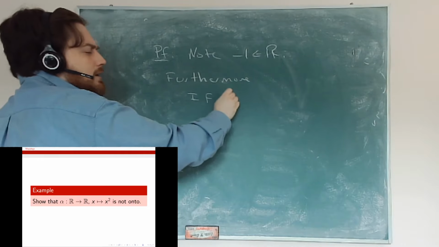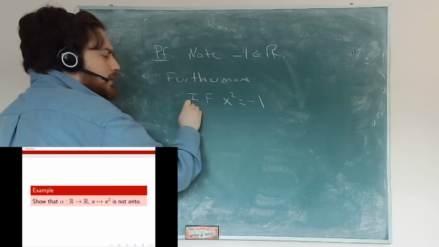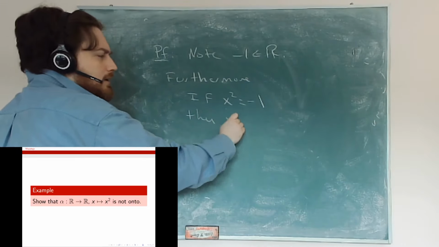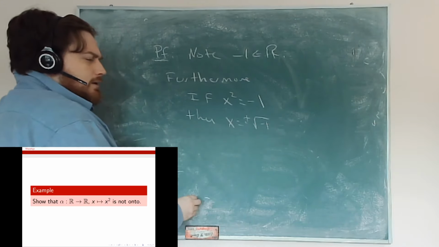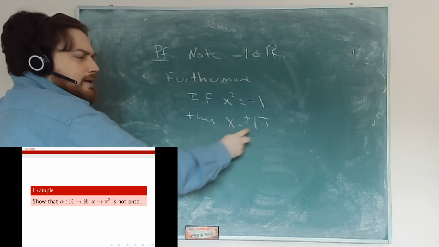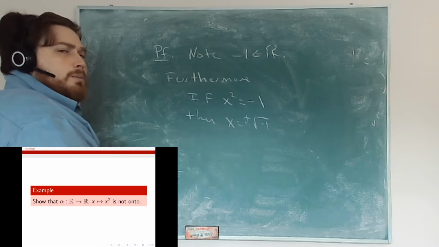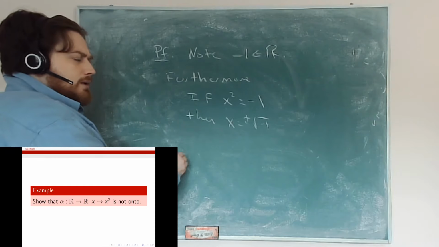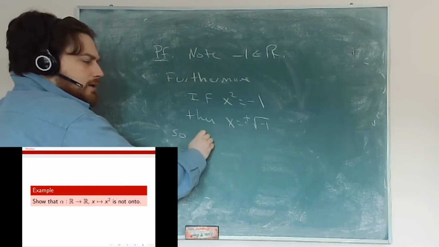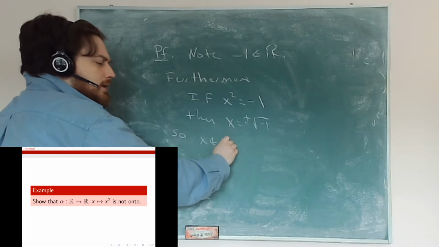if x squared is equal to -1, then x is equal to plus or minus the square root of -1. But we can't take the square root of a negative number and remain a real number. We would end up being a complex number. So x is not a real number.